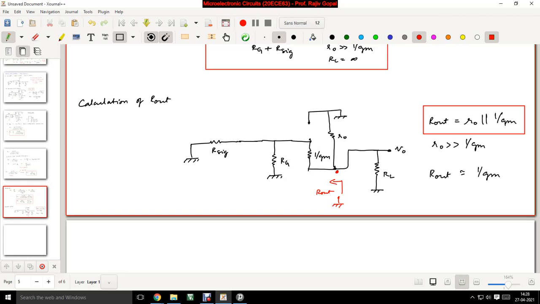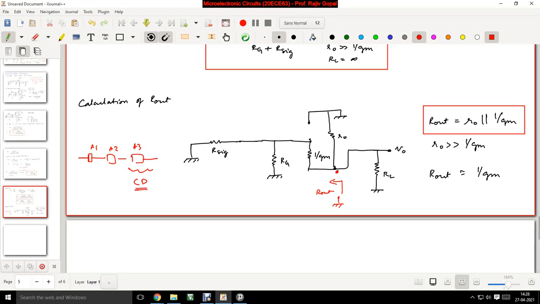Third thing, this amplifier is essentially used in multi-stage amplifiers, where I'm cascading one amplifier after another. It is especially used in the last stage of the cascaded amplifier. Say, for example, if I have amplifier 1, amplifier 2, and amplifier 3, typically this last stage is always common drain.